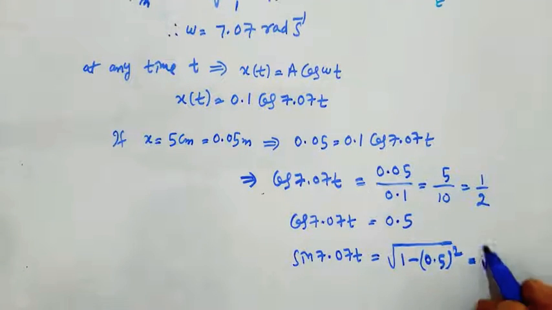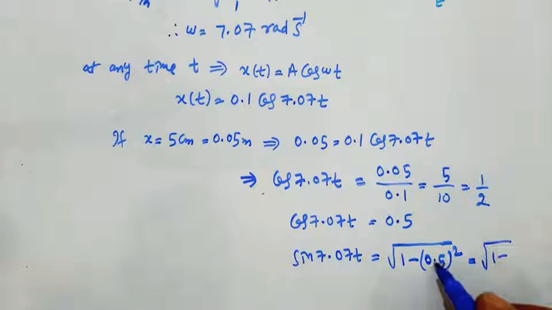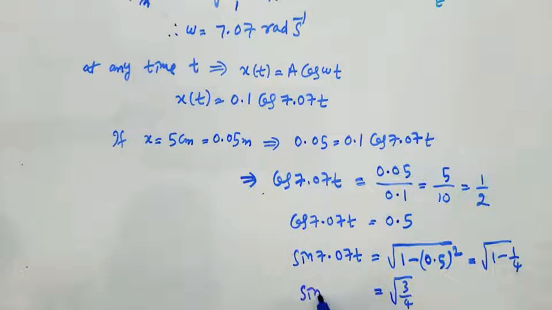So 1 minus 1 by 2 whole square, that is 1 minus 1 by 4, so 4 minus 1 is 3, square root of 3 by 4. So sin 7.07 t is the square root of 3 by 4, and cos 7.07 t is 0.5 or 1 by 2.